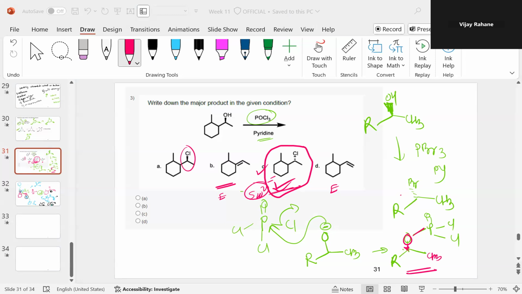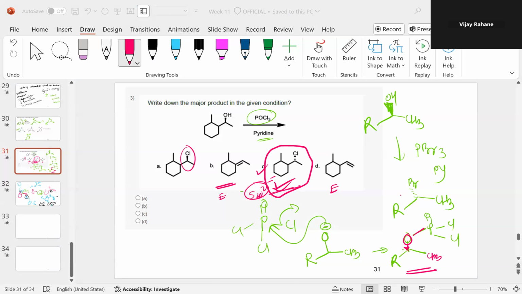In this question, I suggest looking at more similar problems, because if you look at question one and question two, there is PBr3. In question three, it is POCl3. So the mechanism most likely may be different.